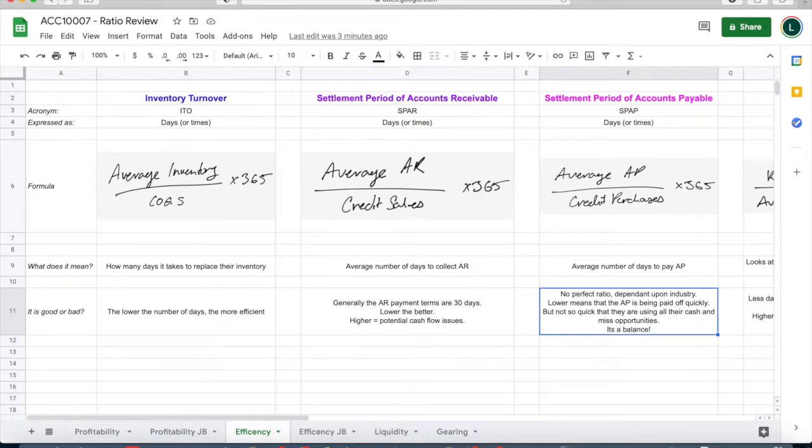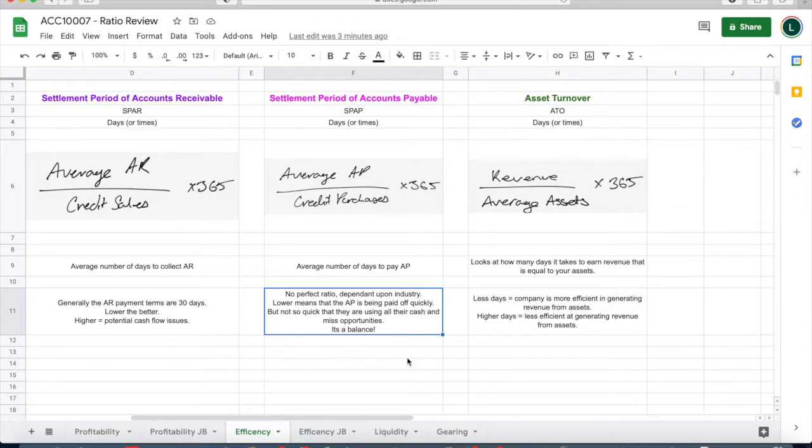And then let's have a look at accounts payable. Again, there's no perfect ratio for any of these; it's always dependent upon the industry. Generally, lower is better. But with accounts payable we need to consider our cash flow. If we're getting all our bills in and paying them straight away, whilst that is good for getting rid of our bills, we're also getting rid of our cash.